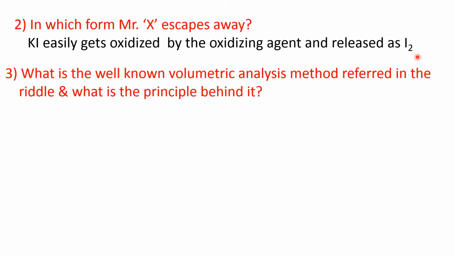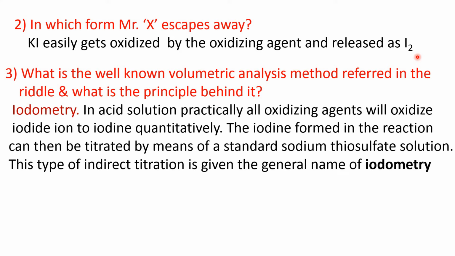Next question, what is the well-known volumetric analysis method referred to in the riddle and what is the principle behind it? The well-known volumetric analysis method is iodometry. In acid solution, all oxidizing agents oxidize iodide to iodine quantitatively.